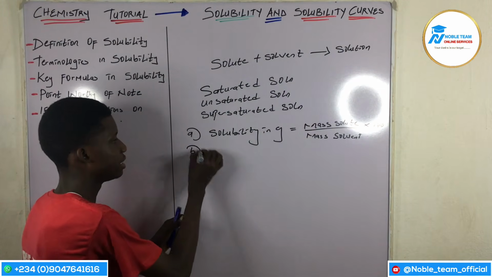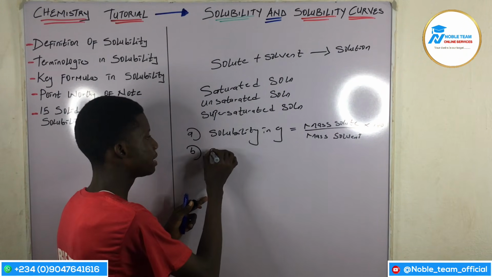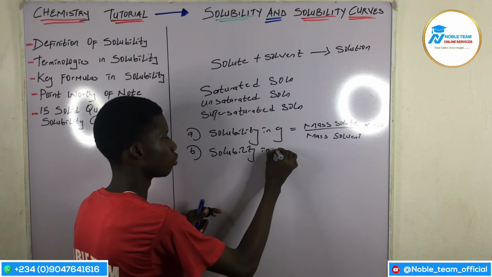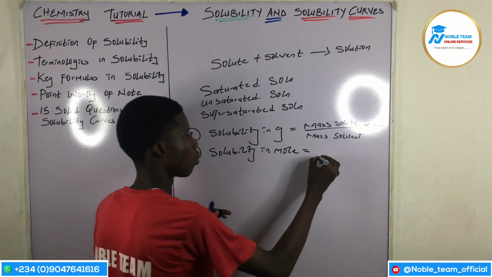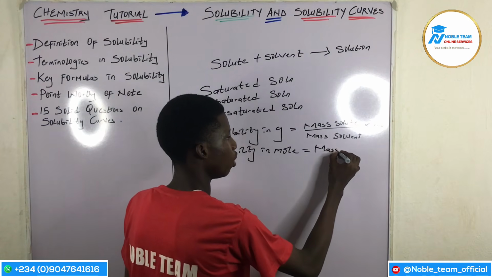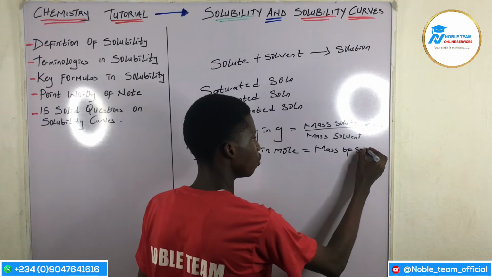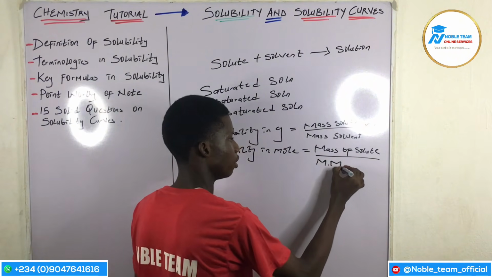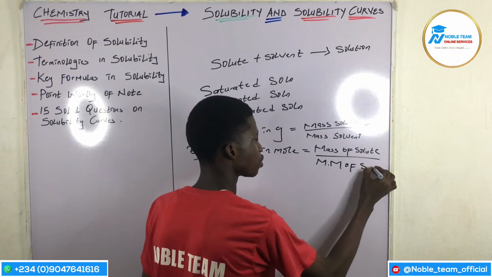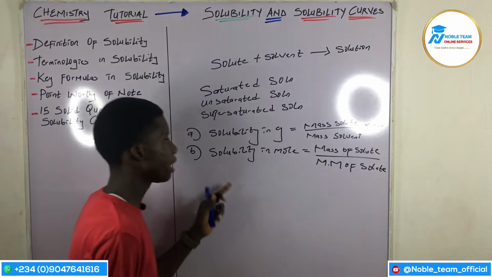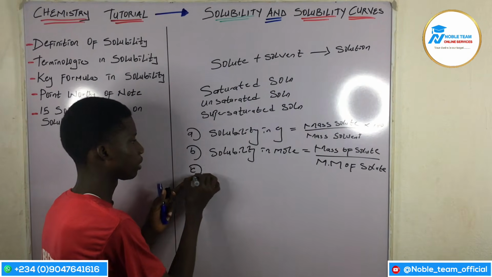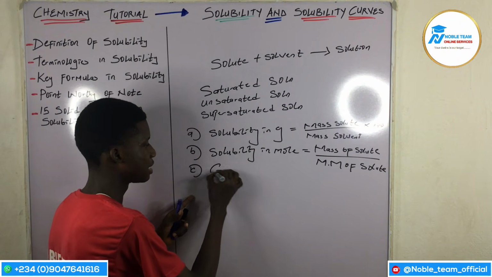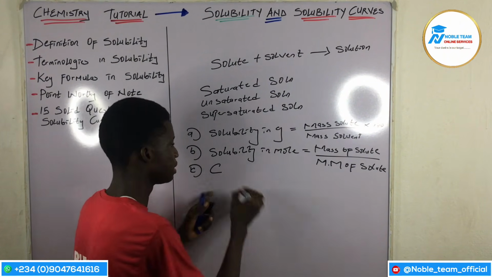Now, the second one is this. When we have solubility in mole, then it is mass of the solute divided by molar mass, I'll use MM, of the solute. Now, the third formula that you need to take note of is C, which is the concentration of the solubility.